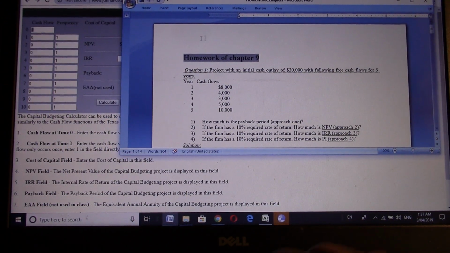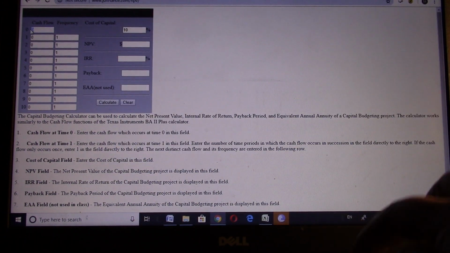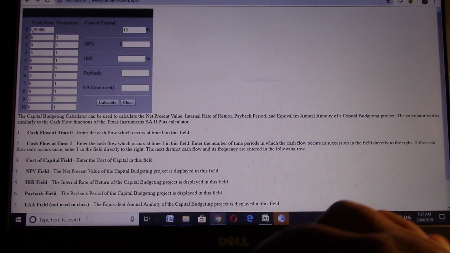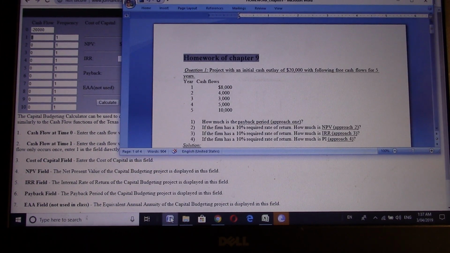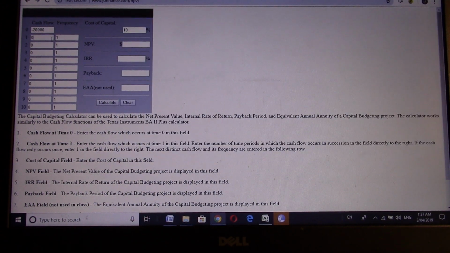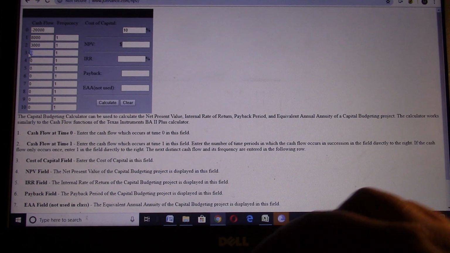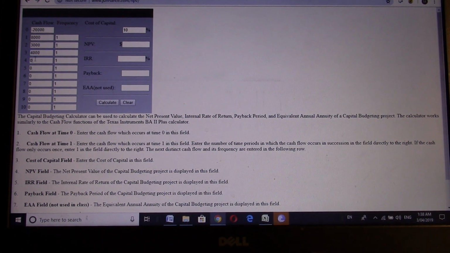In our example, the cash flow for initial expenses is $20,000. This is a cost, so put negative $20,000. Year one's cash flow is 8,000, and then 3, 4, 5, and 10.